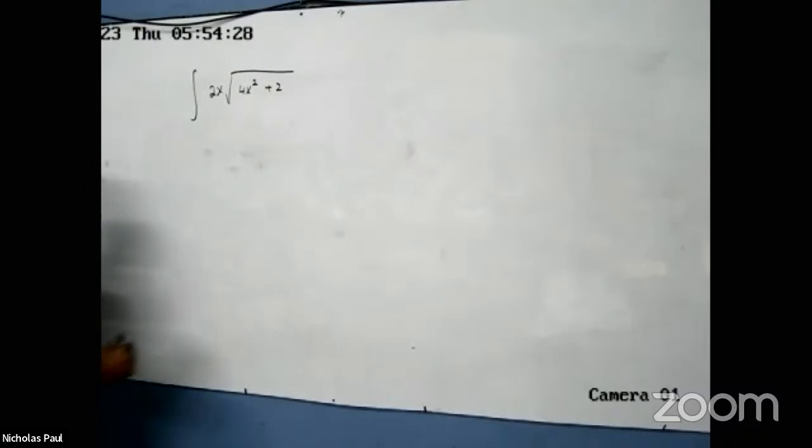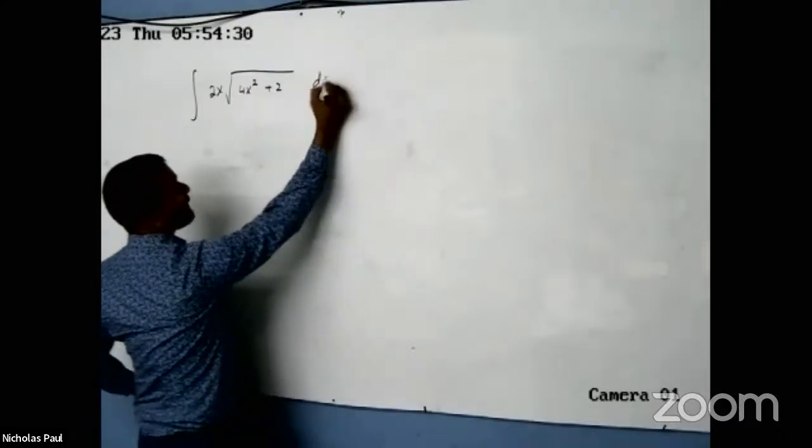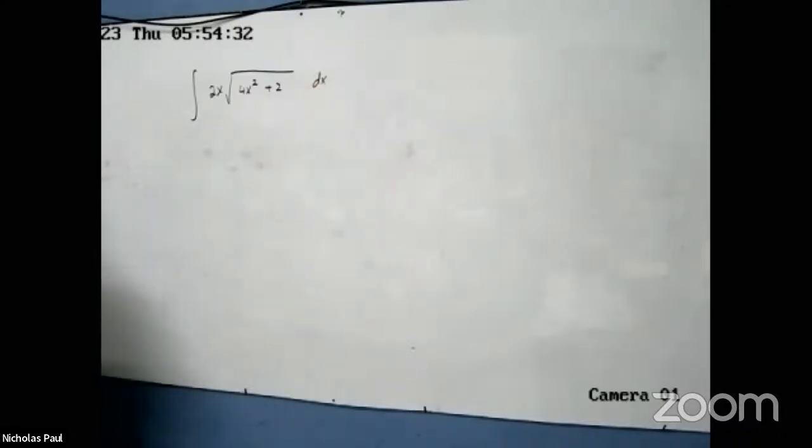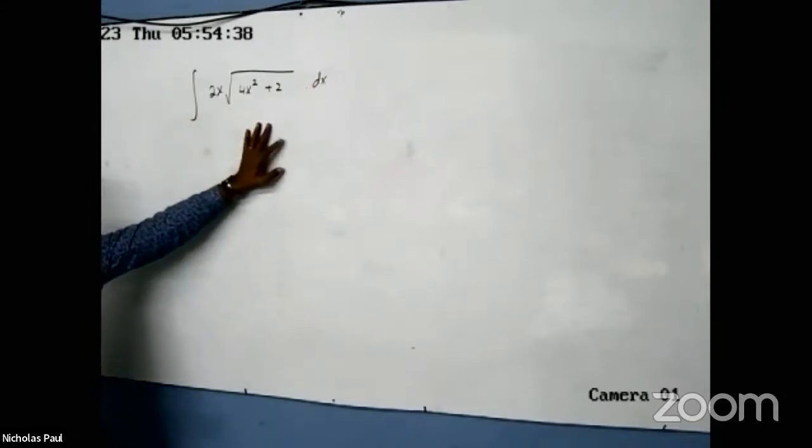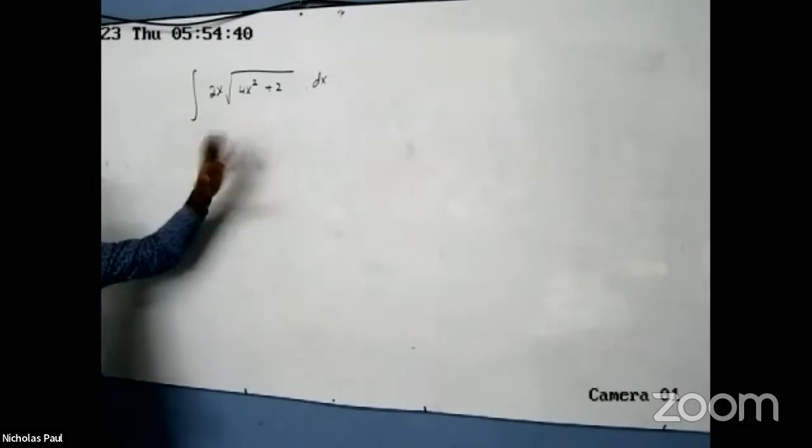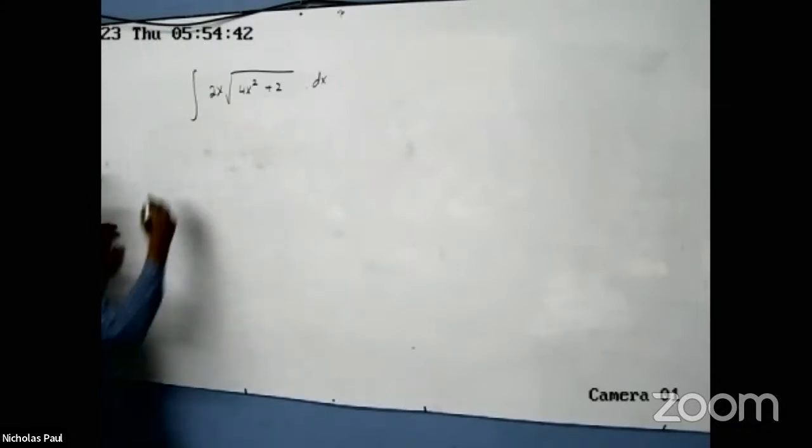Suppose I want you to integrate something like this. We can't multiply that out, so we can't really simplify it, and there is no product rule for integration. In a case like this, we need to make a substitution.